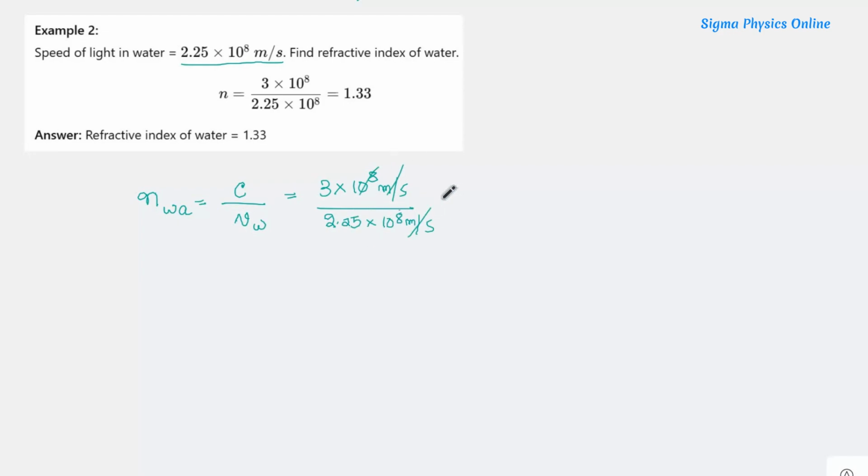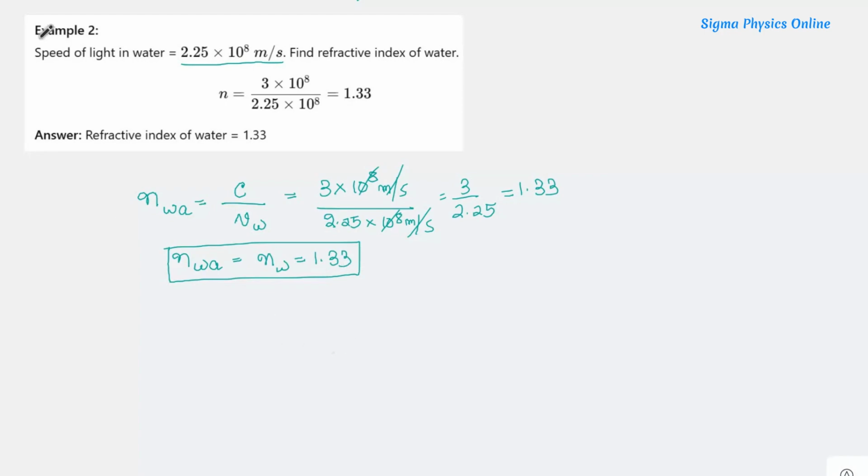So this cancels, and it is 3 by 2.25, which is 1.33. Hence, the absolute refractive index of water, n_w, is 1.33. This is the way in which we can find out the refractive index of a medium if we know the speed of light in that medium.